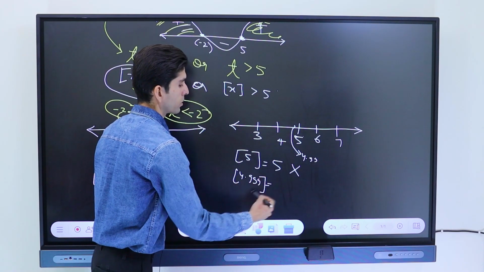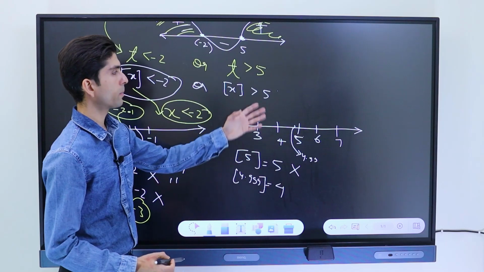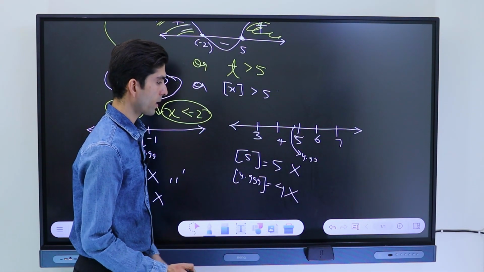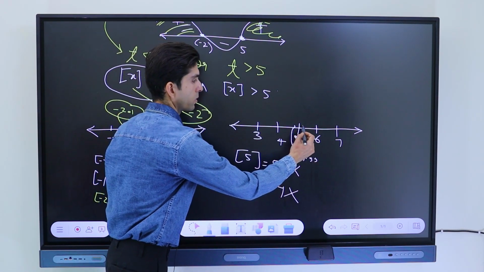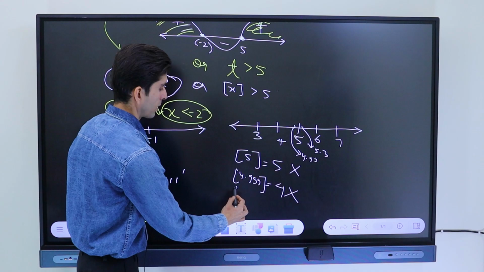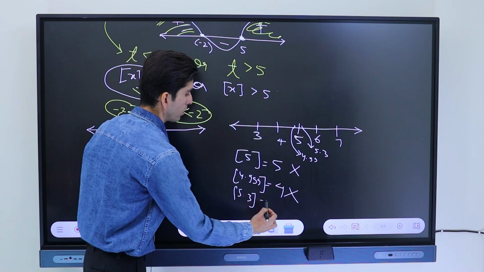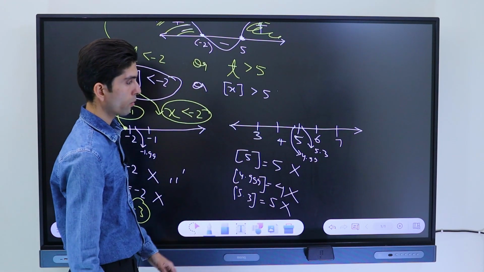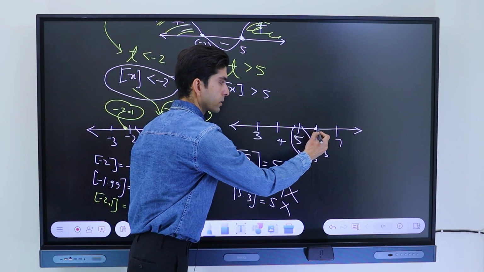Its greatest integer is 4. We want something greater than 5, so again this is not possible. What if you take a number greater than 5, roughly 5.3? Again you get 5, but you want something greater than 5, so not possible.